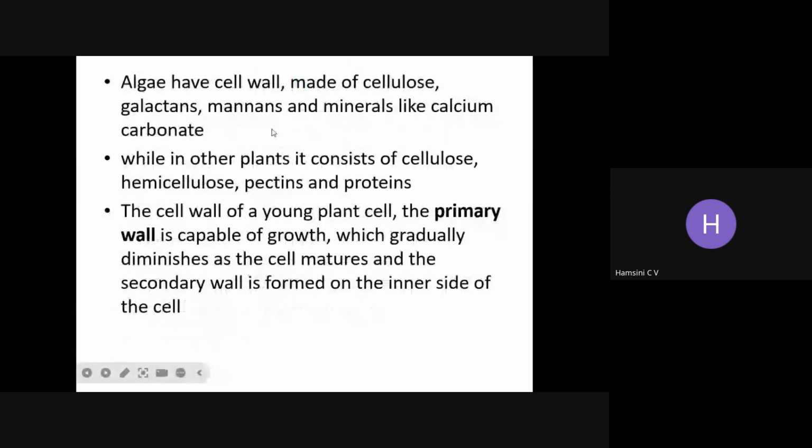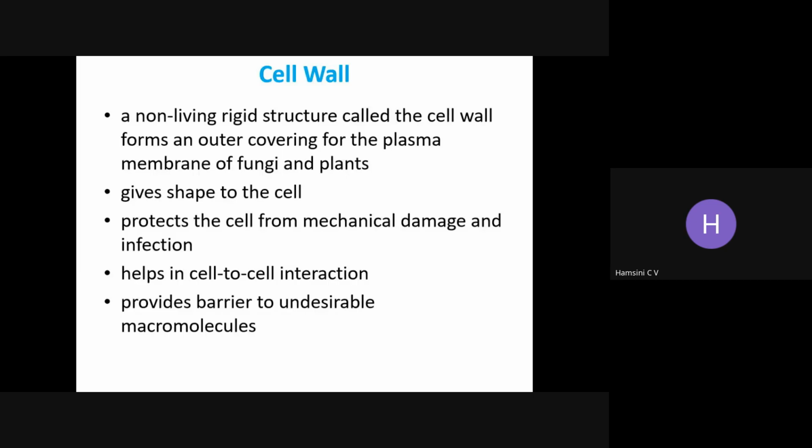If I take only the cell wall, there is only hard deposition of substance. It gives shape to the cell, like the structural framework. It helps in protection from mechanical damage, infection. It also helps in cell-to-cell interaction. It is like a barrier for any undesirable macromolecule.